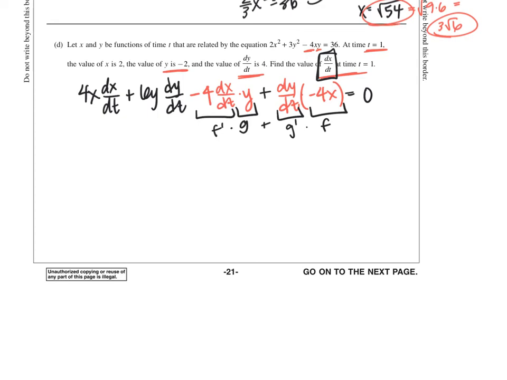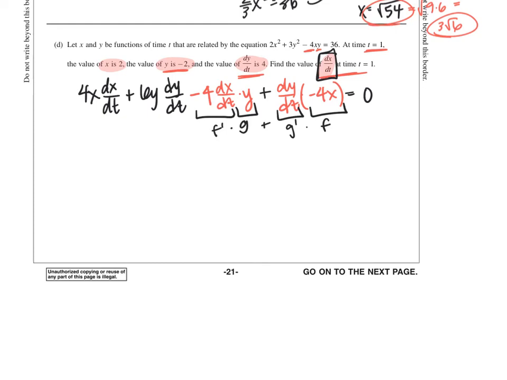Okay, so now it says when t is 1, the value of x is 2. So I'm going to plug in a 2 for every x, a negative 2 for every y, and dy dt is 4. We have to find dx dt.